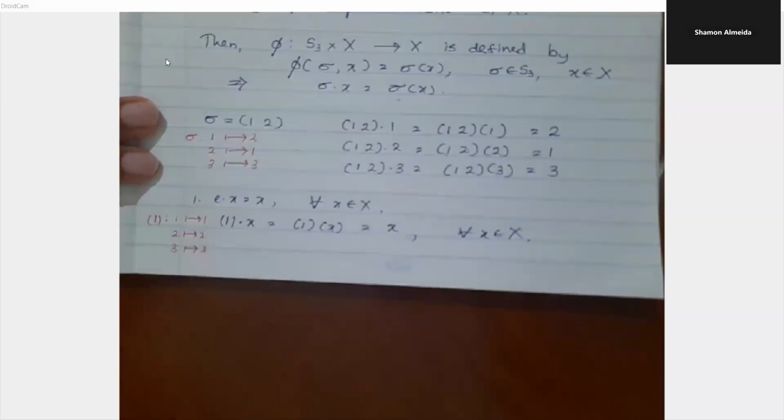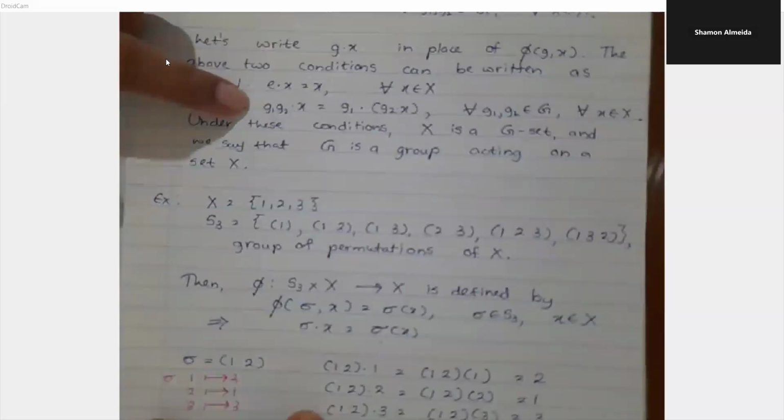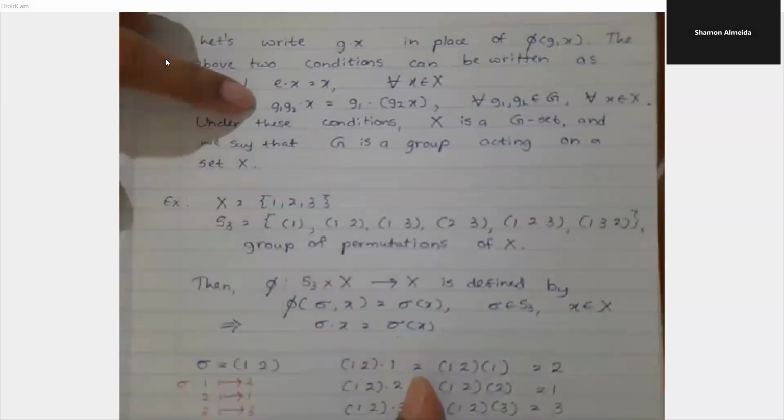Now we have to look at the second condition, which is this: g1 g2 dot x must equal g1 dot g2 dot x. Let me write g1 g2 dot x equals g1 dot g2 x.